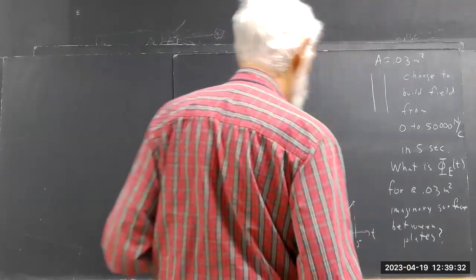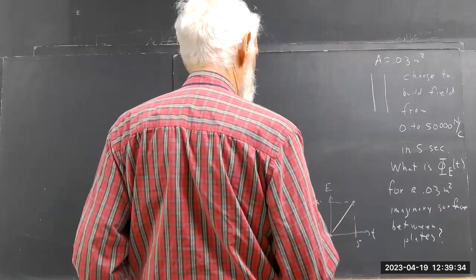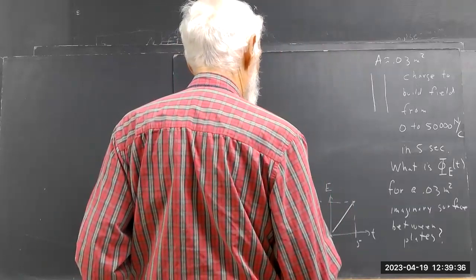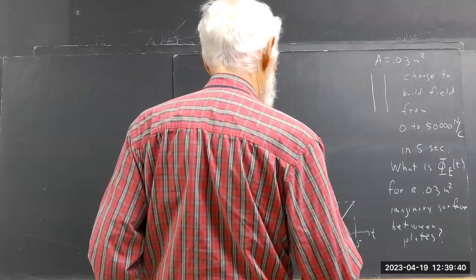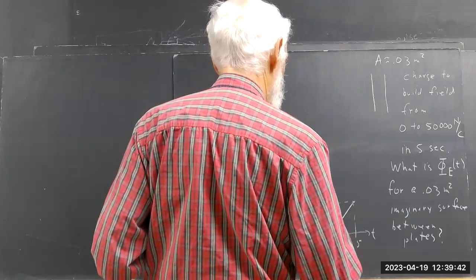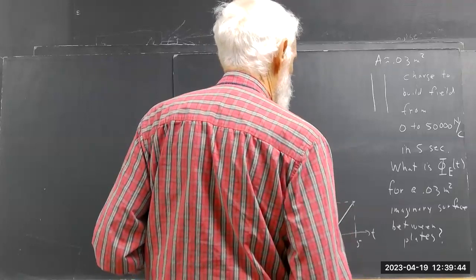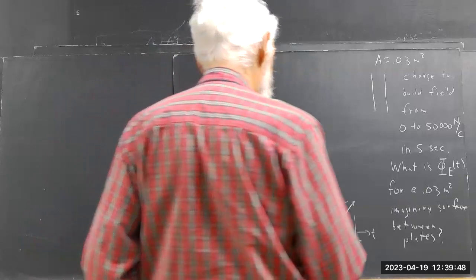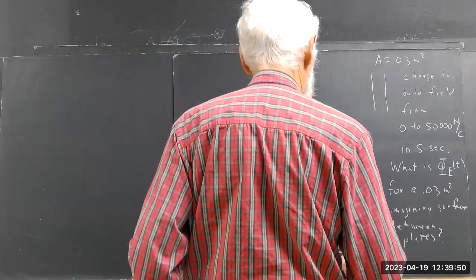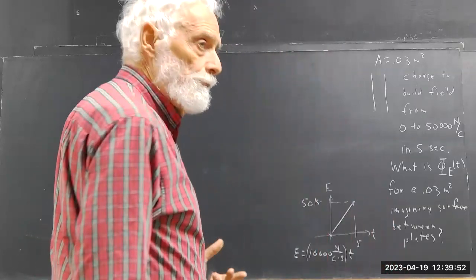Okay. I'll say 10,000 newtons per coulomb per second times time.